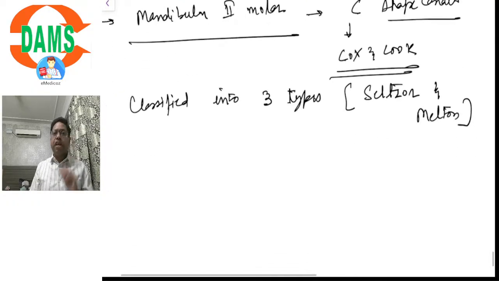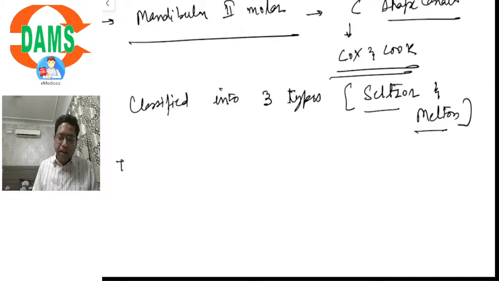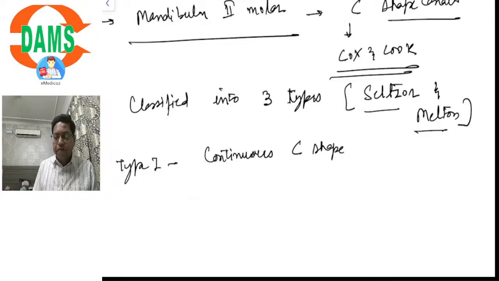I am talking about the anatomical variations with the individual group of teeth. Currently, we are discussing the mandibular second molar. An important anatomic variation in the root canal configuration is the presence of C-shaped root canals that were first identified by Cox and Cook, and classified into three types by Selzer and Melton. Type 1 C-shaped canal is a continuous C-shaped orifice.